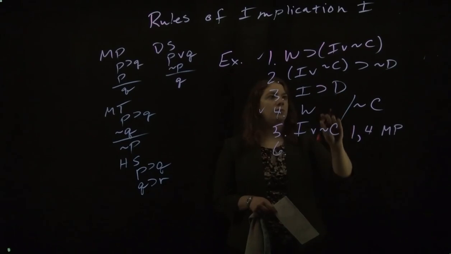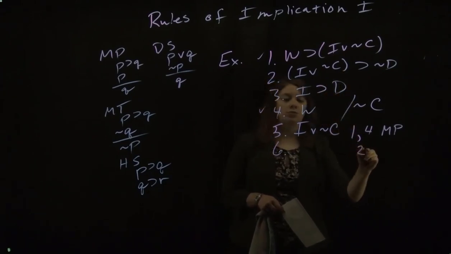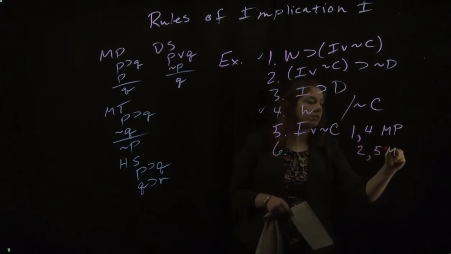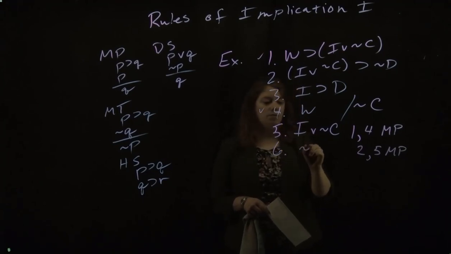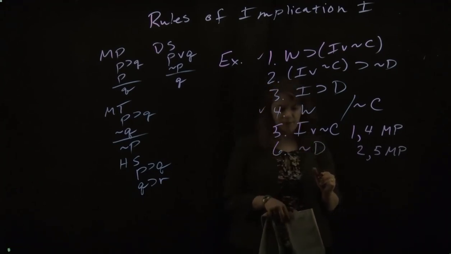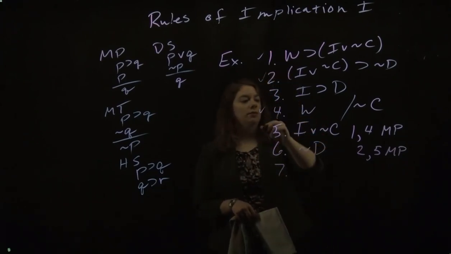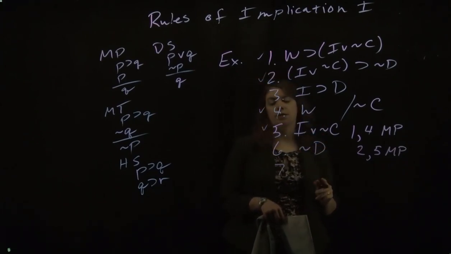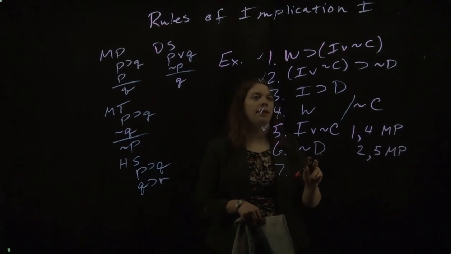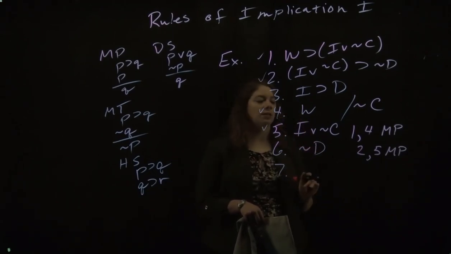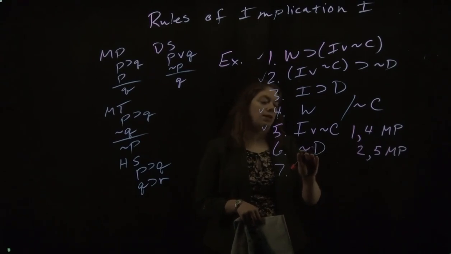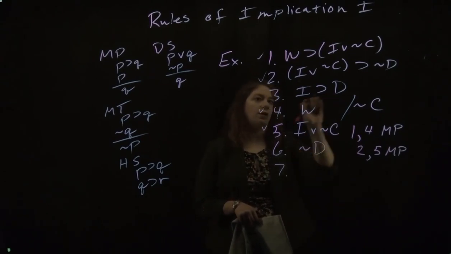We'll eliminate that by lines 2 and 5 using modus ponens, and we derive not D. All right, so we've used that. Now what do we have left? Well, we have lines 3 and now 6. We can see here that line 6 is the negation of the consequent on line 3.